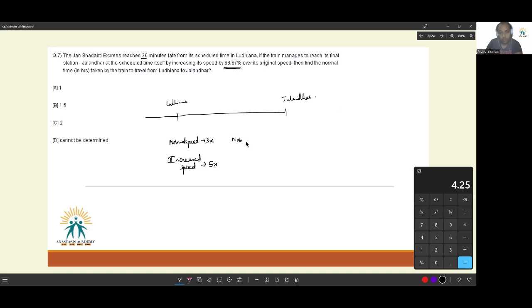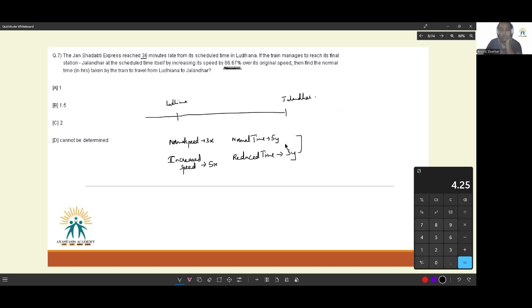So normal time would be 5y and reduced time would be 3y. Now he was late here by 36 minutes, but by the time he reaches Jalandhar, he reaches on time.